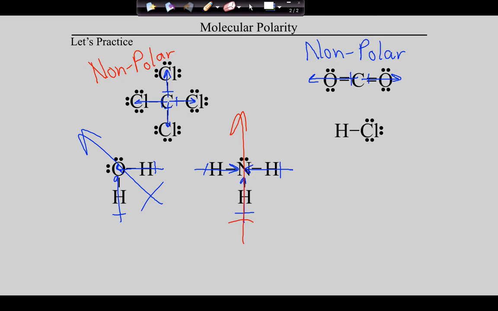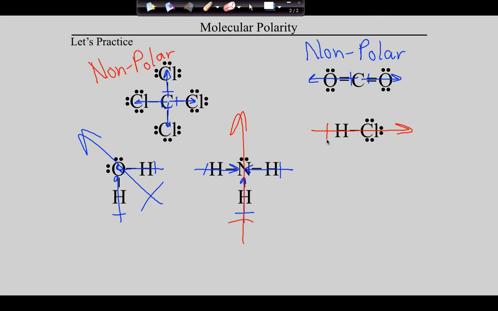So HCl. How do you know this thing's got to be polar? 2 atoms, and they ain't the same. So guys, 2 atoms that are not the same has got to be polar. And this is polar towards the chlorine, because chlorine is stronger than hydrogen.